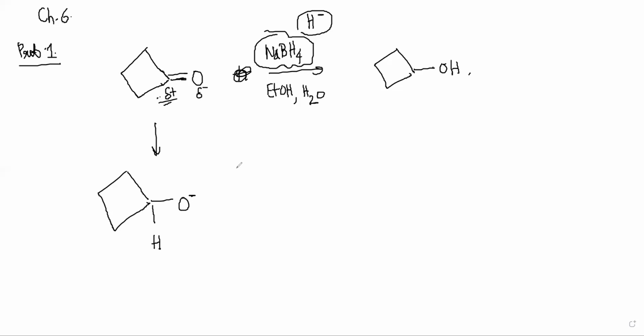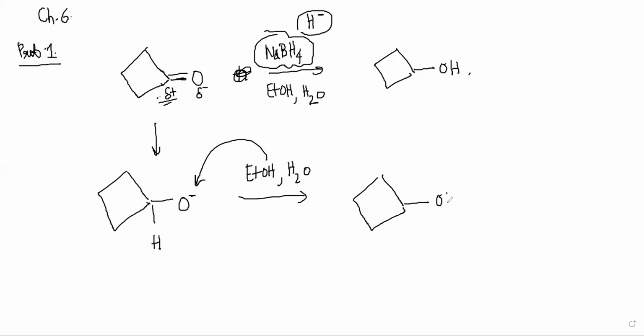Once this happens, in the second step, when you put EtOH and H2O and all, this O minus will attract an H from here, protonation, right? And what will happen is you get the butanol and OEt minus and all, whatever. Protonation happens here, correct?